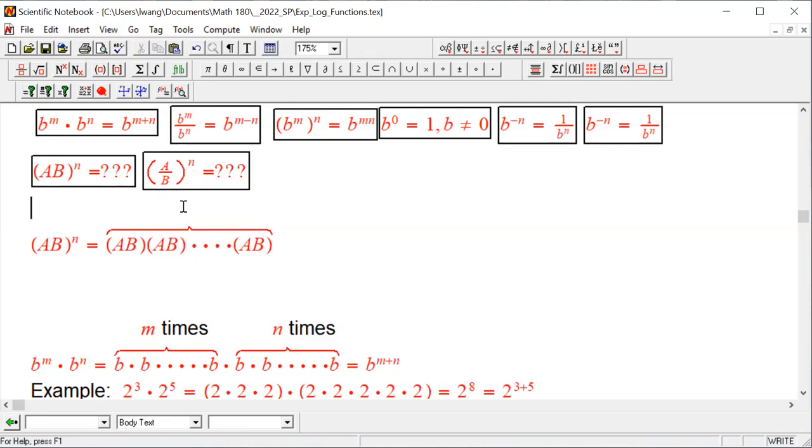Among these N times, there are N times of A and N times of B. So as a result, we have A to the power of N times B raised to the power of N. That's it. So this formula is also handy.